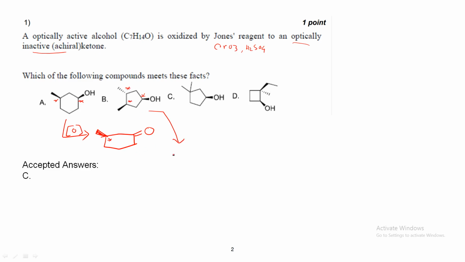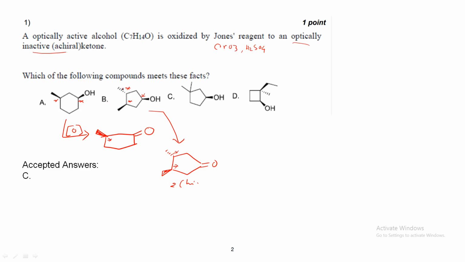If we do the oxidation here, one chiral center would be absolutely destroyed, but the other two would be unaffected because they are just carbon-carbon bonds. They should not be affected by Jones reagent, chromium trioxide based. So after oxidation, this molecule has two chiral centers and is still a chiral molecule.